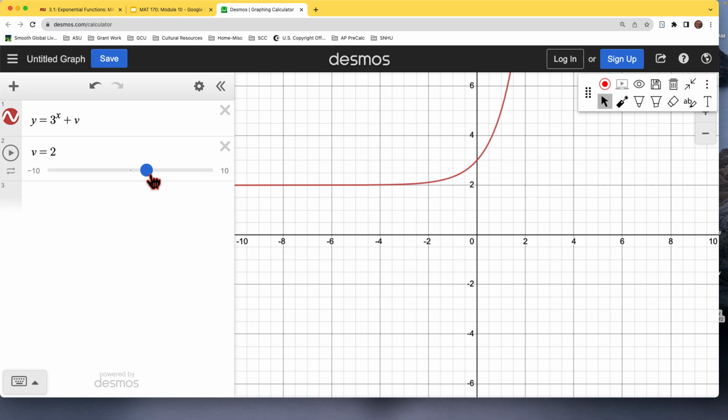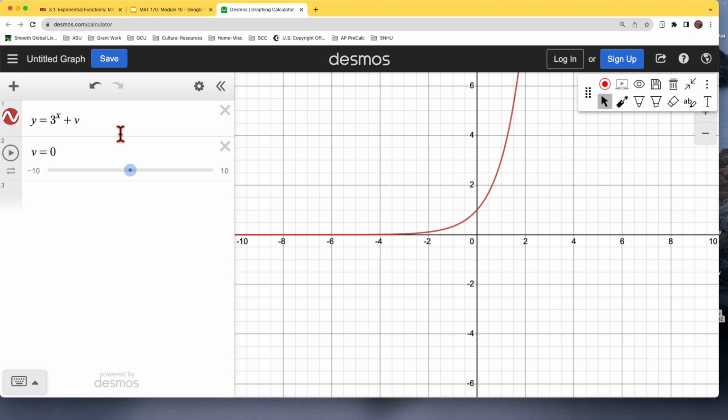While we're here, I know where we're going. How would we move it left or right? We would add plus h, but where would we add h for horizontal? Where would we add the h? Inside the function, right.